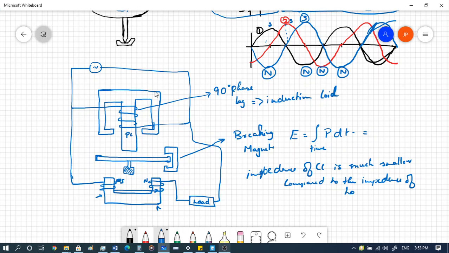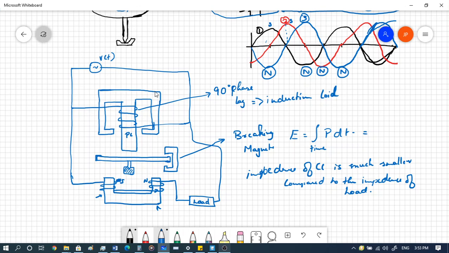Because this is in series connection, we consider that the current going through the current coil is in phase with the source itself, right? Source voltage, let's say V of t is the source voltage, and we assume that it is in phase with the source voltage because the inductance of the current coil would be much lesser in comparison to the load that we are connecting to this particular instrument, right?